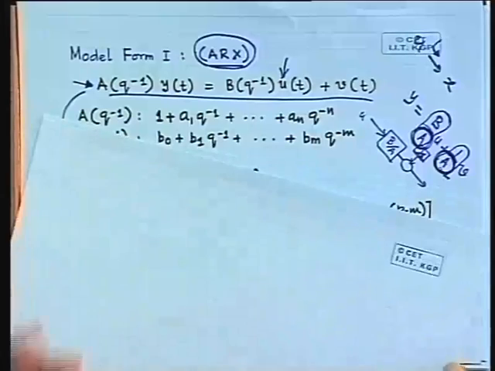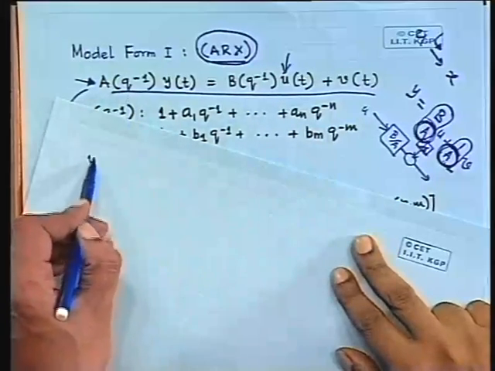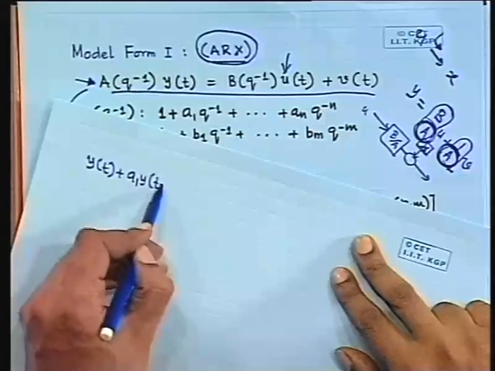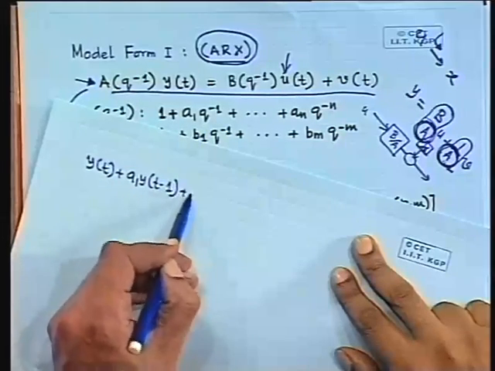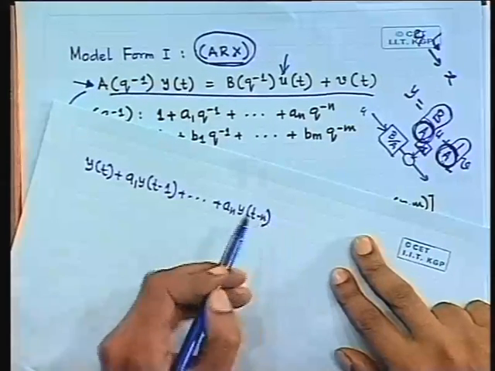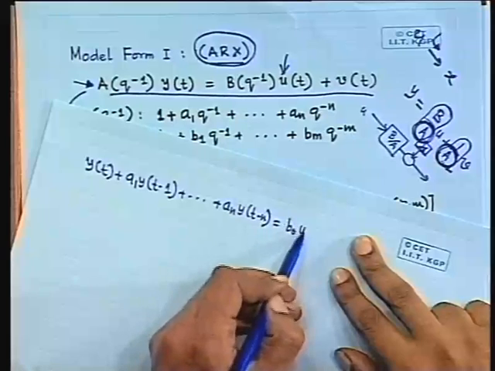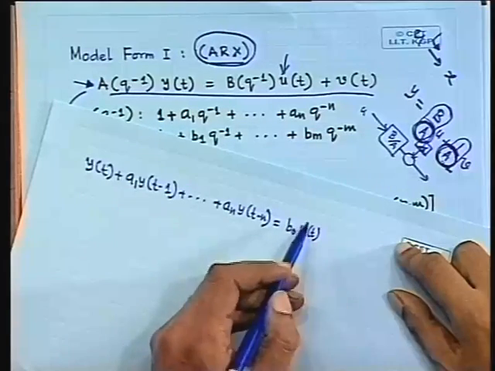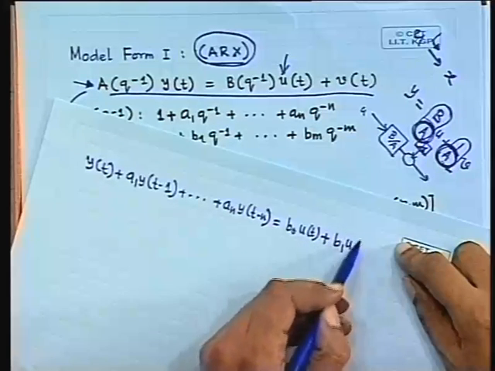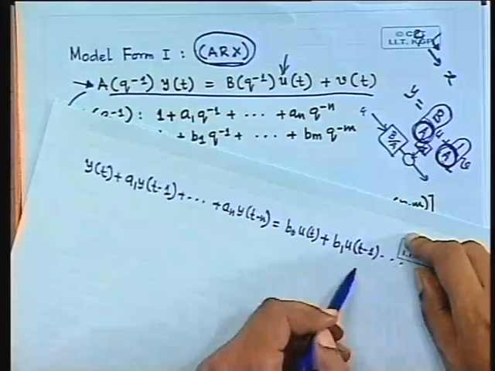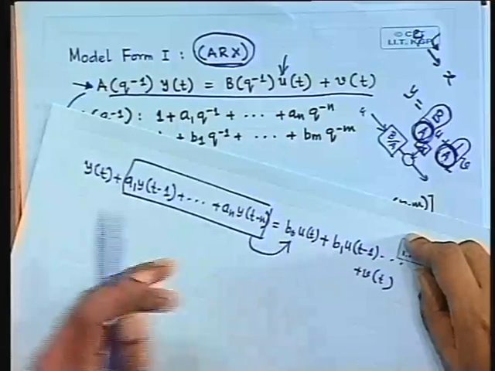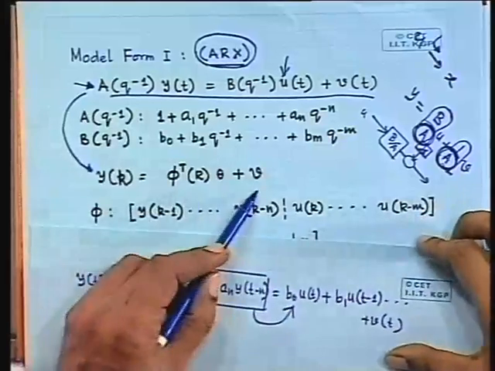So in that case, if you write this equation in time domain, you will have y(t) plus a1 y(t minus 1), q inverse, plus an y(t minus n) is equal to b0 u(t). This term you may or may not have. This is a direct term. If you have a D matrix, then you will get this u(t minus 1) and so on, plus v(t). So if you bring these terms to the RHS and then arrange it in terms of this form, you will get.